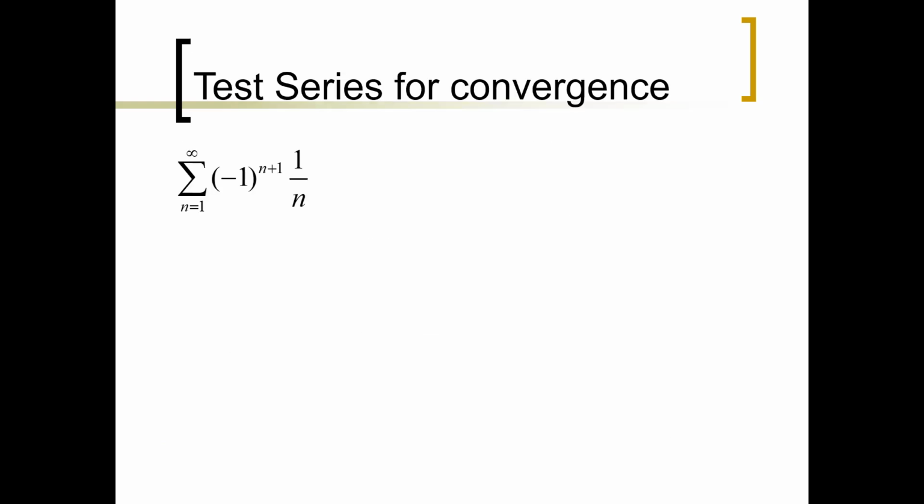So let's go ahead and look at this particular series. I'd like to know what kind of convergence it has, if any. Now, just by looking at it, you can tell that if you let a sub n be equal to 1 over n, then a sub n is certainly bigger than 0, and the limit of a sub n is going to 0 as n goes to infinity, and the sequence a sub n is decreasing.